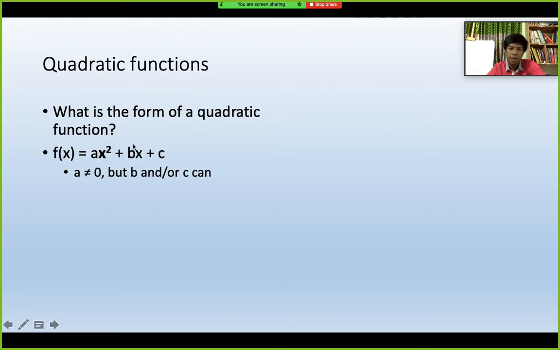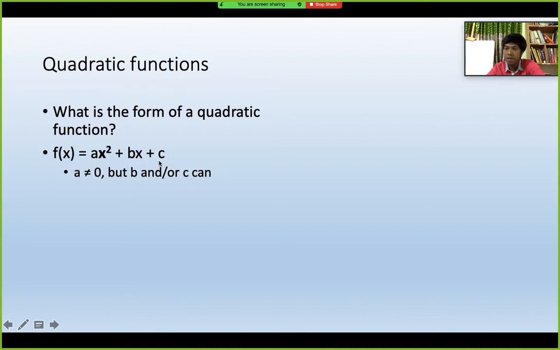Okay? And here, bx plus c, these two things can be 0. But a cannot be 0. In other words, this ax squared cannot be 0. If ax squared becomes 0, then the whole thing, this part bx plus c, becomes linear.